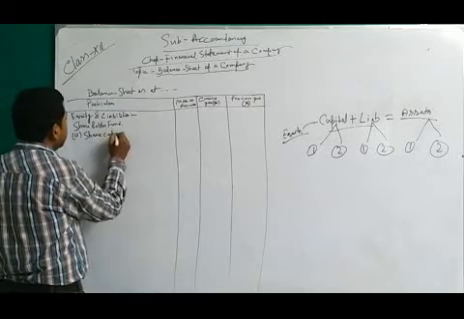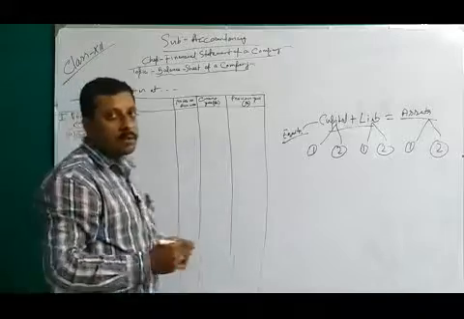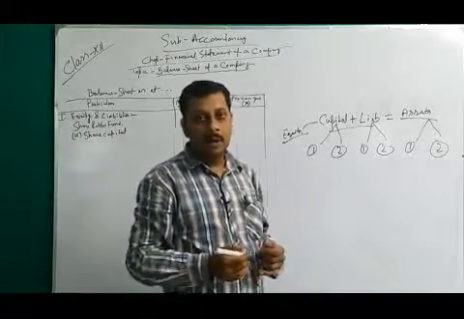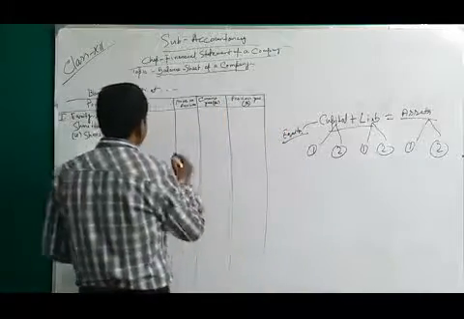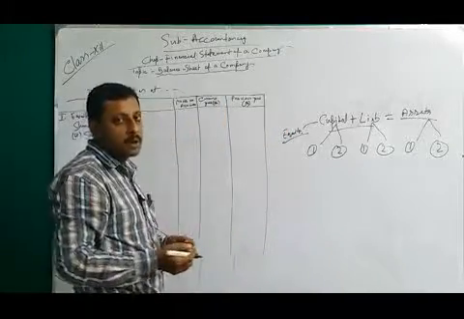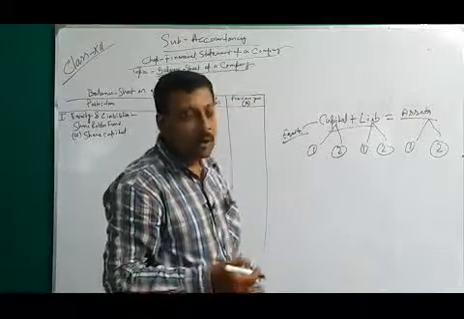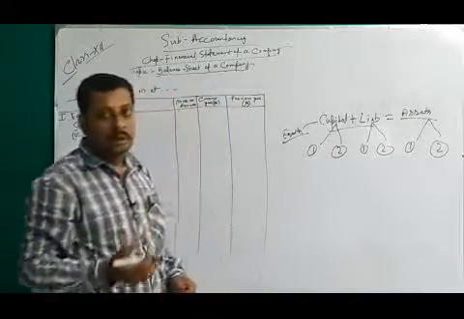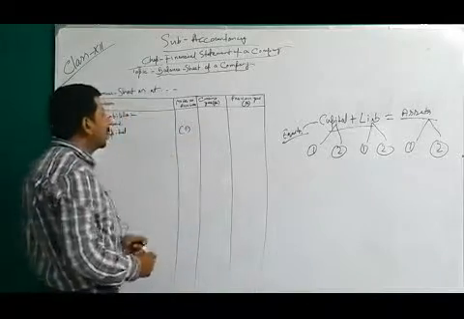Share capital can be of different types: equity share capital, preference share capital. But what amount is equity share capital? What is preference share capital? What is convertible preference share capital? What is redeemable preference share capital? You have to know from your notes to accounts.